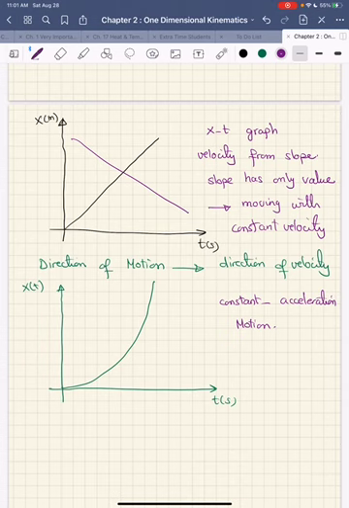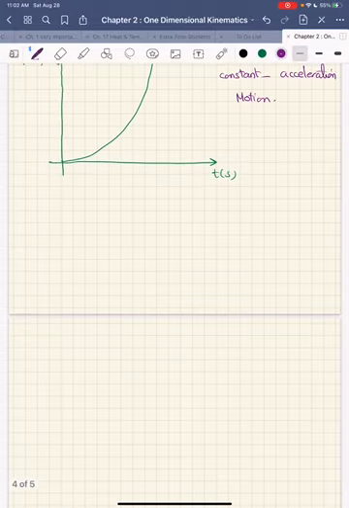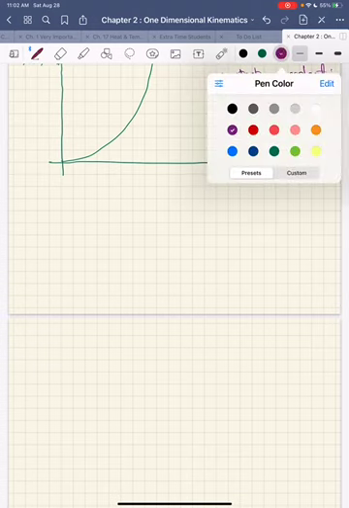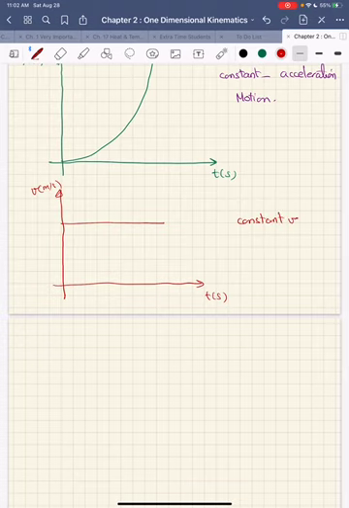Now, I might have not x versus t, but v versus t. And then my graphs are going to look like this. If it is like this, this means constant velocity.